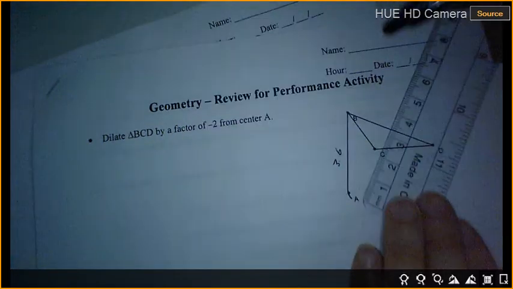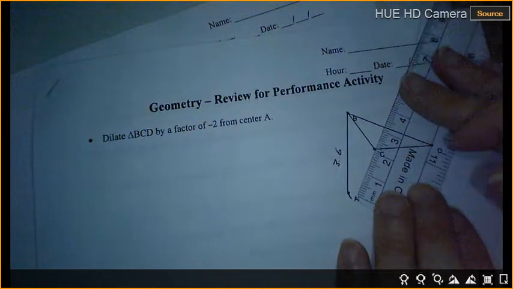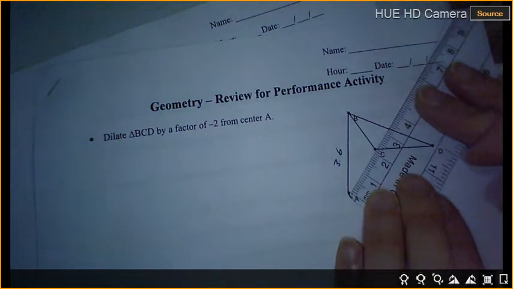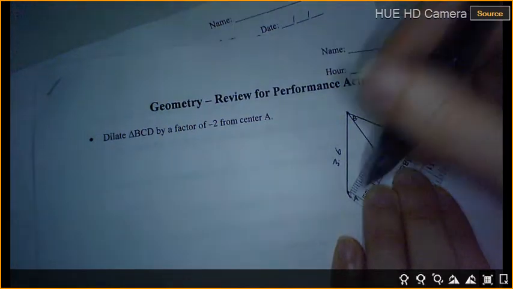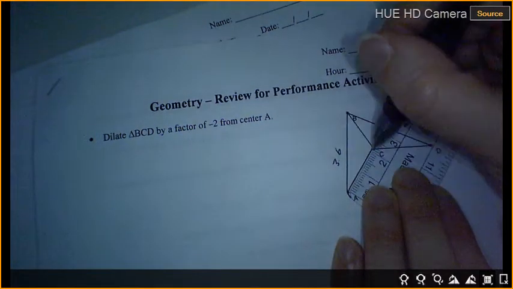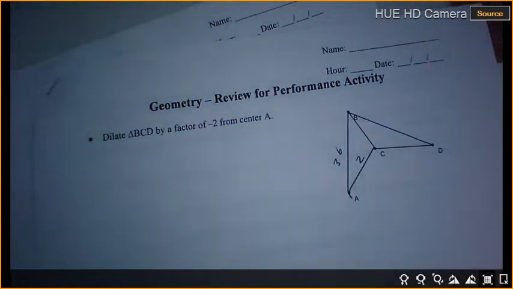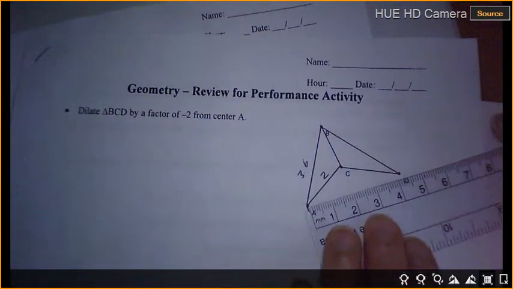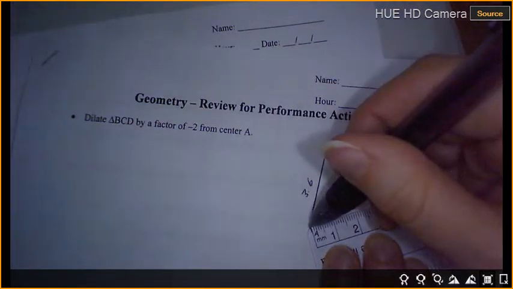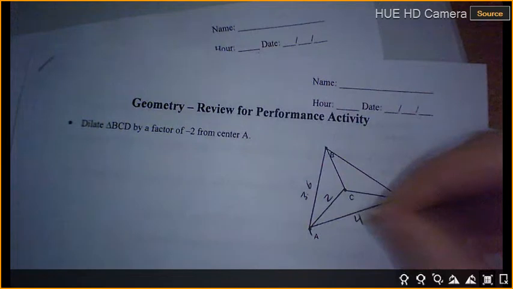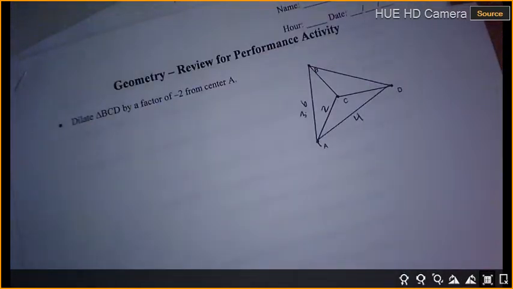From A to C, I'm drawing a line and measuring, and I get 2. And then from A to D, you can see that I'm drawing a line and measuring, and I get 4. Okay? Now I need to multiply them by 2.